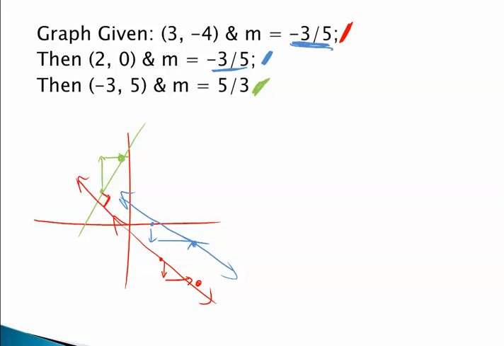You'll notice that the green and the red line intersect at a 90-degree angle, and you'll hopefully recall that those are perpendicular. And they're perpendicular because these are opposite reciprocals. Notice one's negative, one's positive, and again, they are flipped, aka reciprocals.